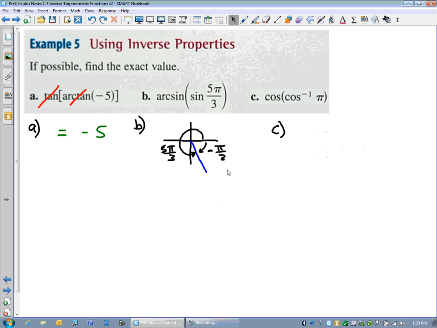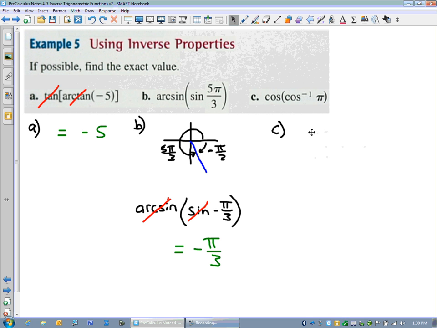So here, I want to rewrite the original expression. Instead of sine of 5π/3, I want it as the sine of -π/3, because this value and this value will have the same magnitude. So now that I've rewritten it where this is within the restricted domain, I can use the property that cancels these two out, and my answer is just -π/3.